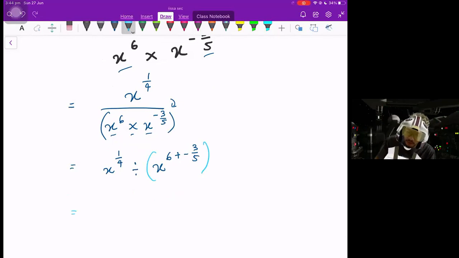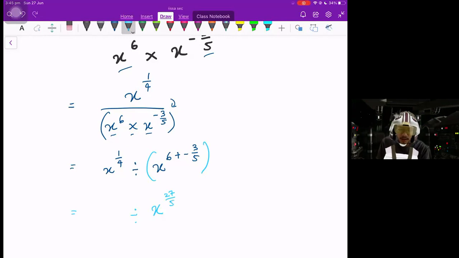Let's compute this, just press your calculator. 6 plus negative 3 over 5 is equal to x to the power of 5 and 2 over 5. Or if you want to change that to improper fractions, this is 27 over 5.